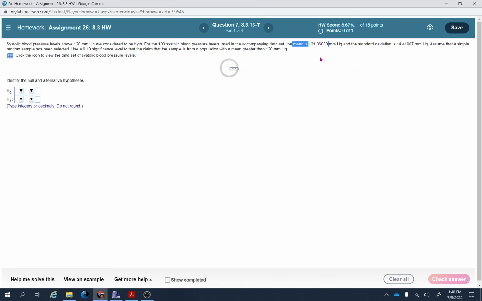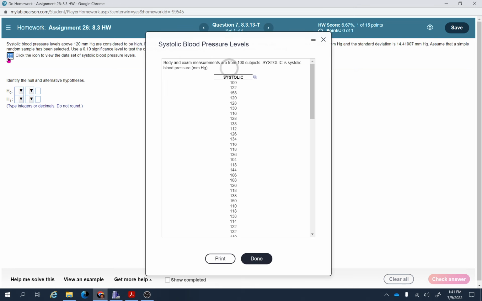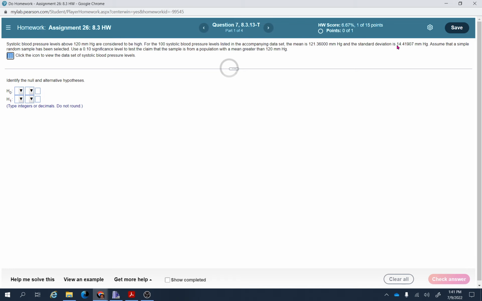You can calculate this standard deviation and mean using this data, but it's already calculated here. Assume that a simple random sample has been selected. Use a 0.1 significance level to test the claim that the sample is from a population with the mean greater than 120. That's the claim.